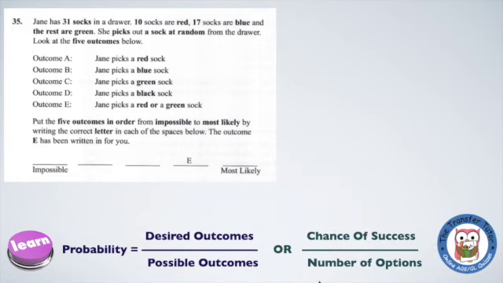So what the child needs to know is probability is either, and I've put in 2 potential ways of looking at it because people use different terminology, the desired outcomes over the possible outcomes or the chance of success over the number of options available. Personally, I prefer the chance of success over the number of options, but I know many people prefer desired outcomes over possible number of outcomes.